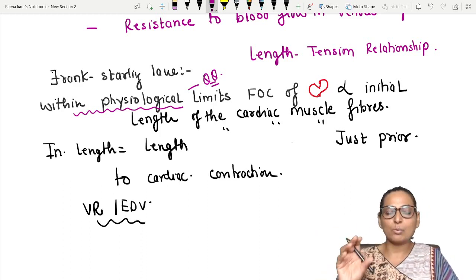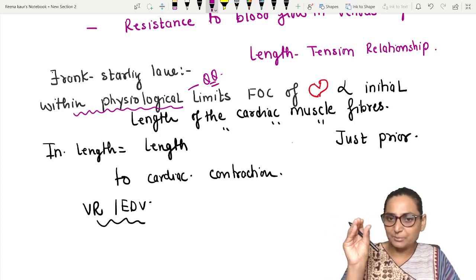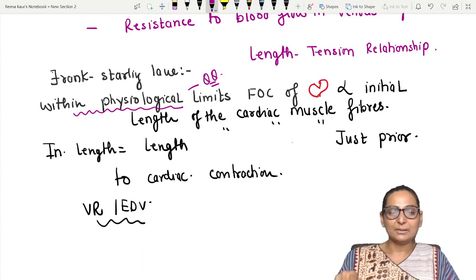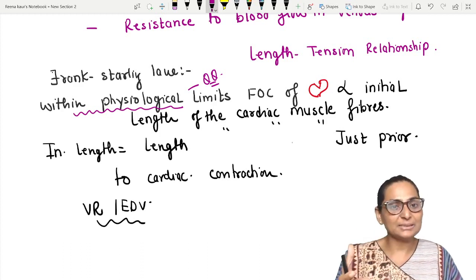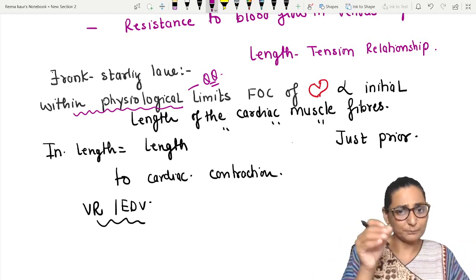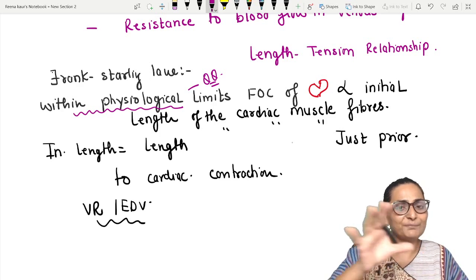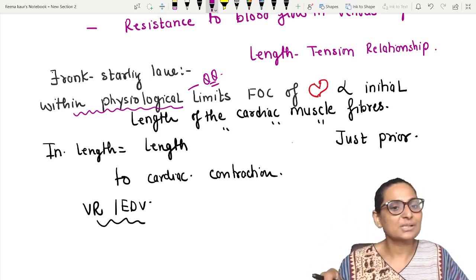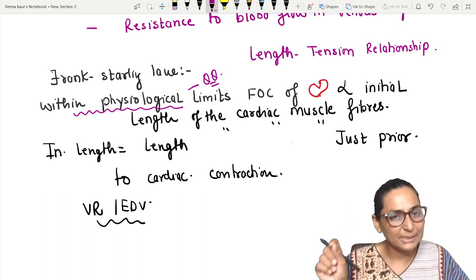There is maximum overlapping of the actin and myosin. अगर आपने length बहुत कम कर दी, actin will overlap over actin. अगर sarcomere का length आपने बहुत बढ़ा दिया, so the actin and myosin will go far apart from each other. इसीलिए हम ये term use करते हैं within physiological limits.